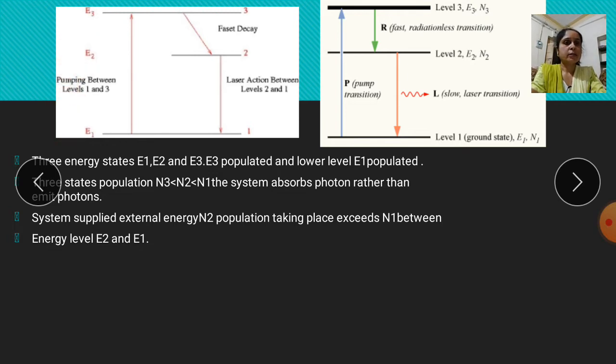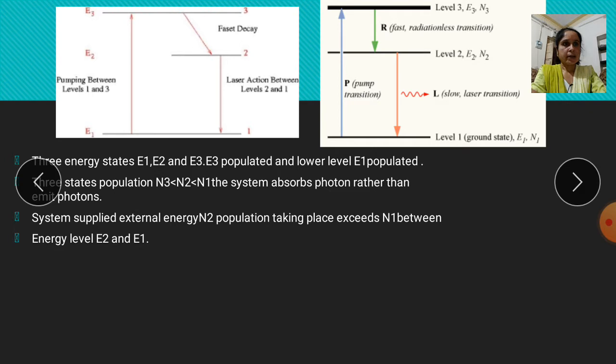See the second diagram: E1, E2, E3 are the energy levels, and N1, N2, N3 are their populations.